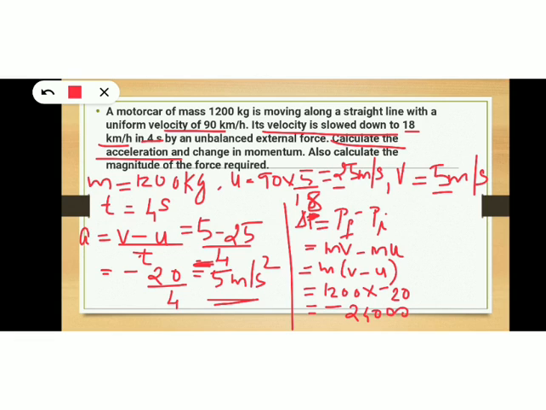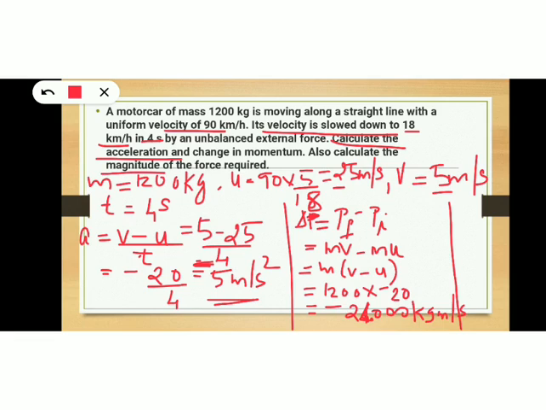So this is the change in momentum, and the unit is kilogram meter per second, that is the unit of momentum. So minus 24,000 kilogram meter per second.